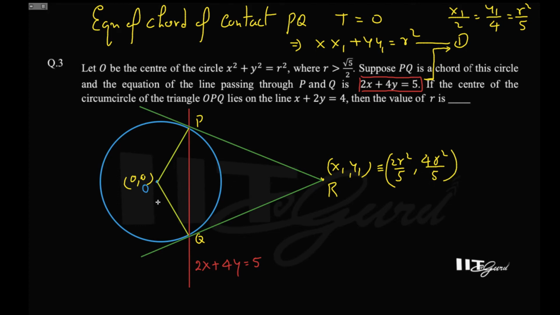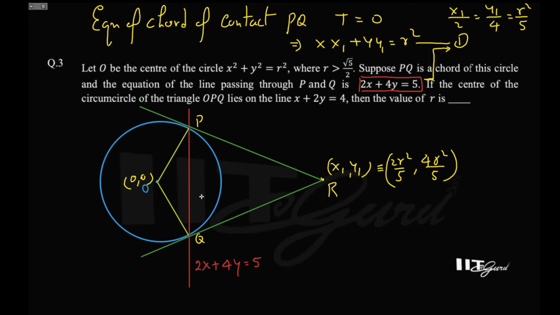As you know, it is given the circumcenter of the triangle OPQ lies on this line. This is the property of the chord of contact, which you have studied already. If we draw the circle over here, as this is a right angle and this is a right angle, the points O, P, Q and R are concyclic.